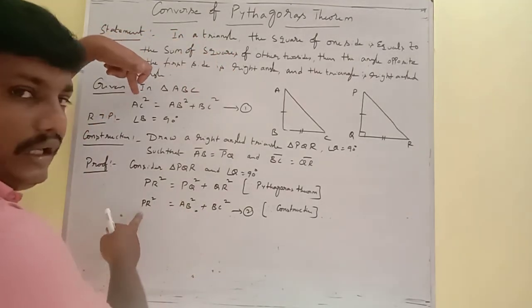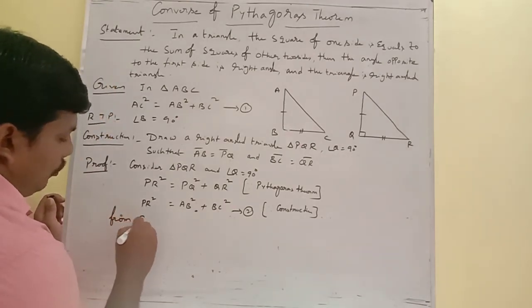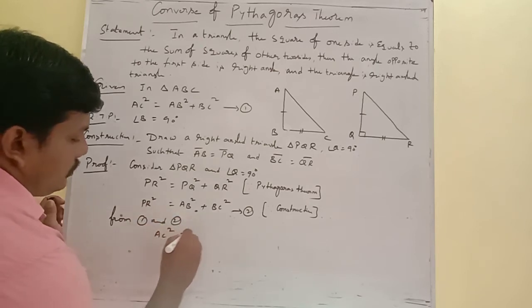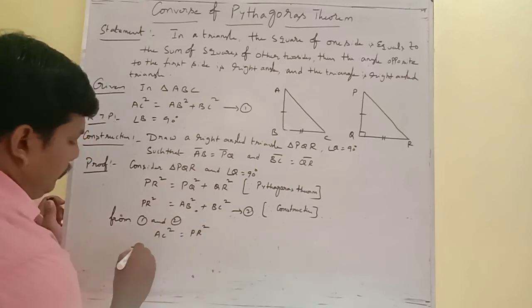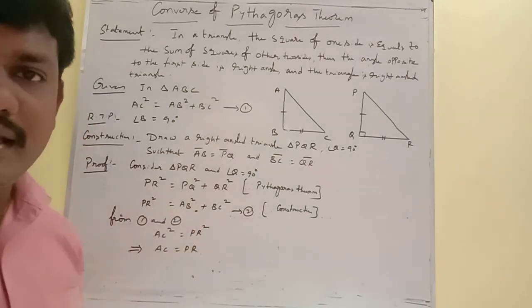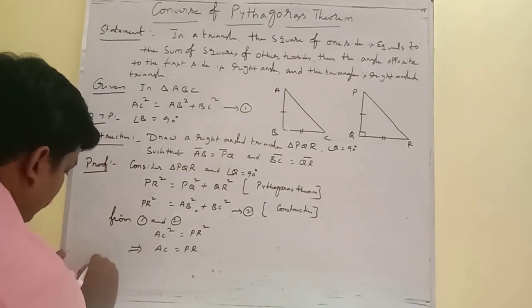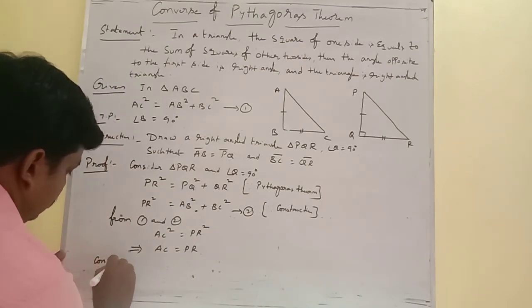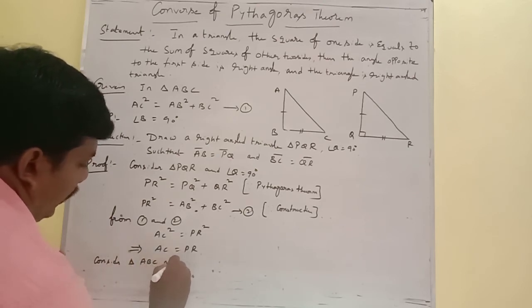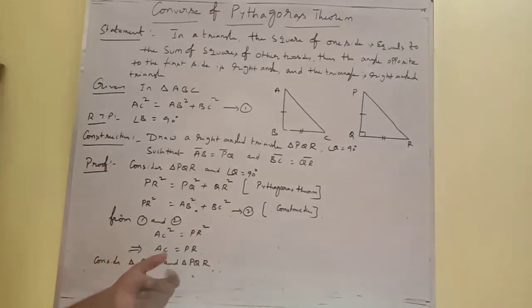Hence, we can conclude that the LHS is also equal. So from conditions 1 and 2, AC square is equal to PR square, which implies AC is equal to PR. Now we have to consider the triangles ABC and PQR.